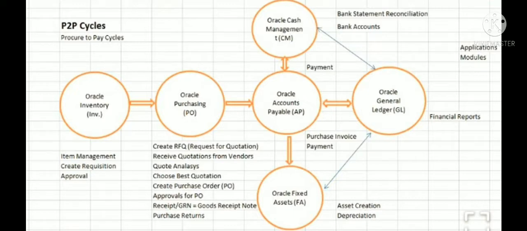Now you understand that the role of the procurement department is to source materials or inventory from third parties.